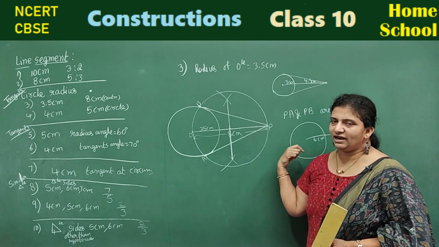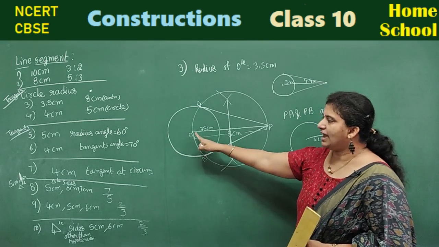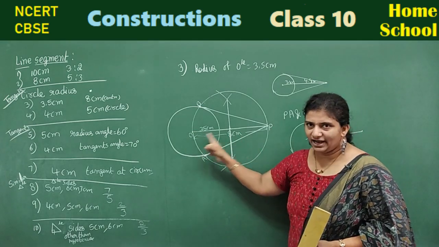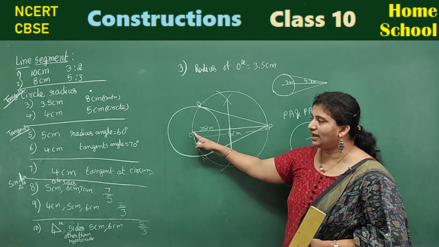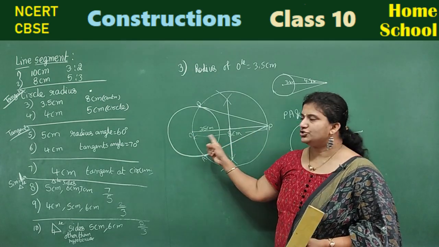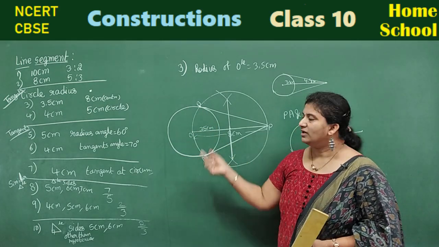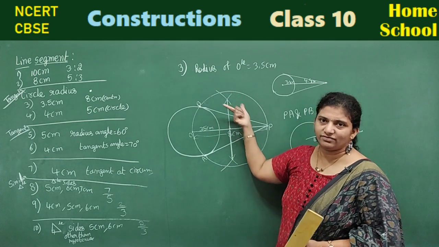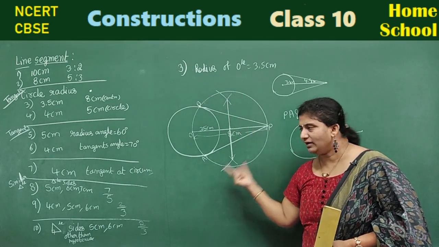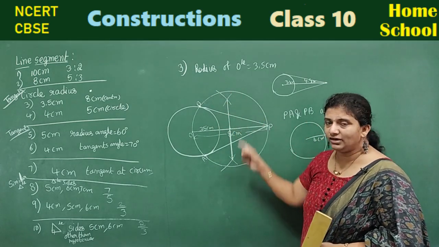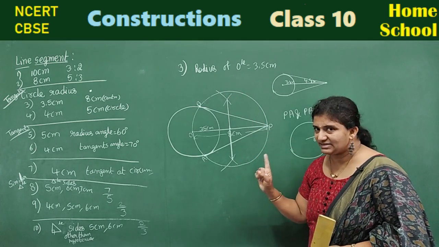What is the line segment length? 9 centimeters. Draw a line segment, and with one endpoint as a center, draw a circle of radius 4 centimeters. Then again, more than half arc above, one arc below, and from here cut the arc. You are going to get a perpendicular bisector.